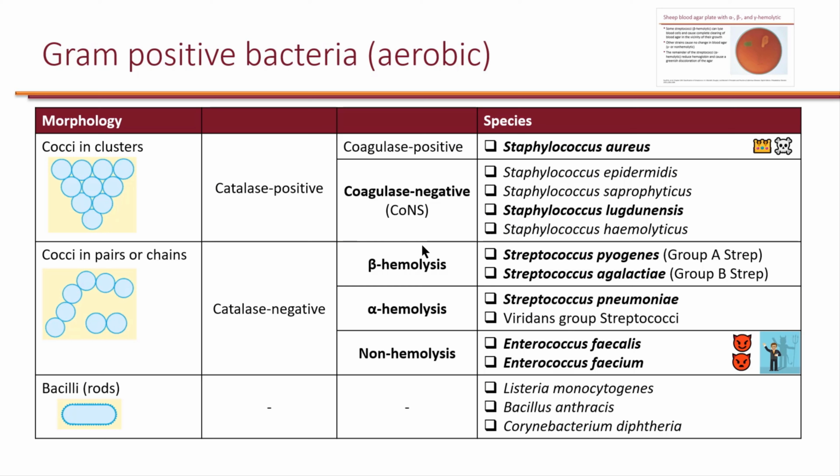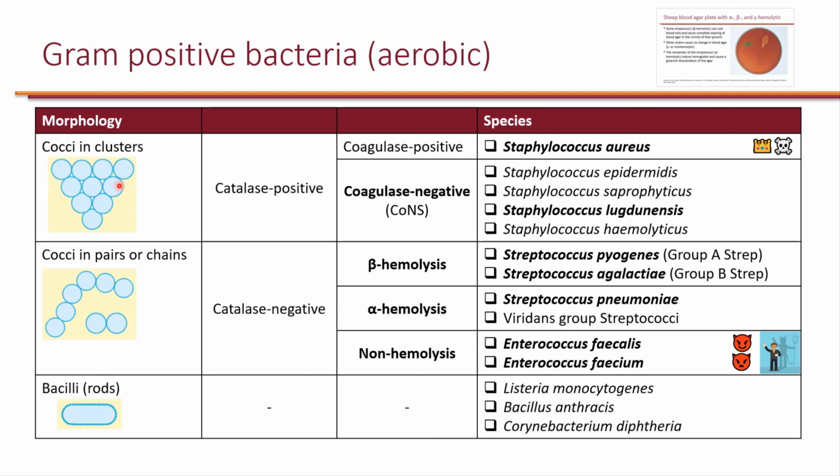And then with Gram-positive specifically, we can look at morphology. So morphology is basically the shape of these and how they group together when you look at them under the microscope. So essentially, we can see cocci, which are circular in shape, and they can be in clusters.